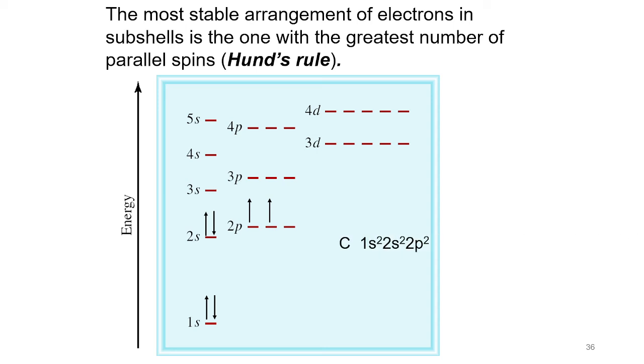So we have here 1s2, 2s2, 2p2. We can break down the p orbitals, but for convention, we just write it this way. For the next atom, we have nitrogen, which has 7 electrons, so we just write that as this.